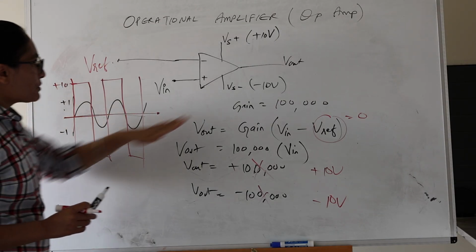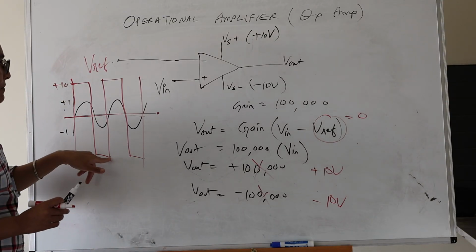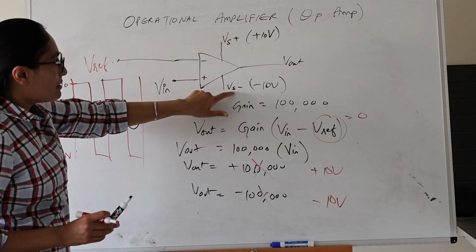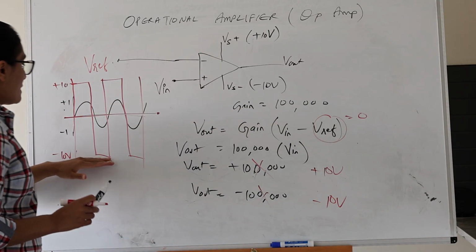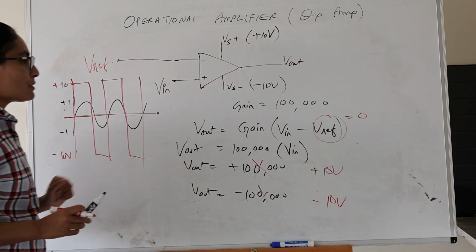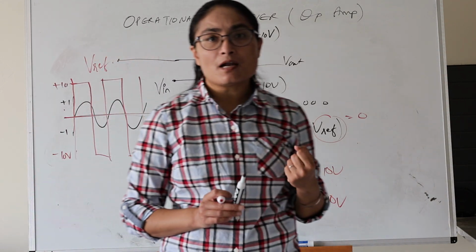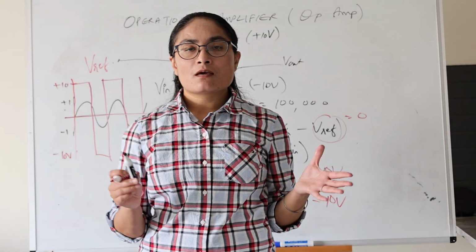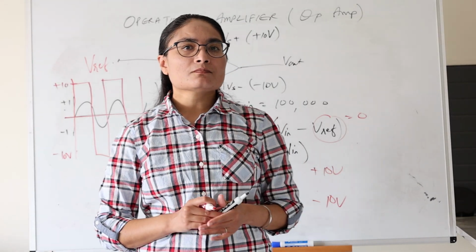And when my output here is equal to minus the power supply, -10, then I know I'm below the threshold. So that's how we use a comparator in order to compare the input voltage to some fixed threshold.